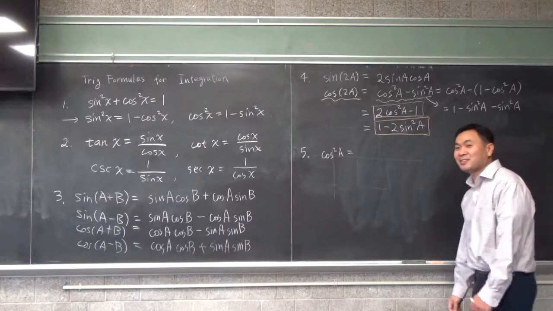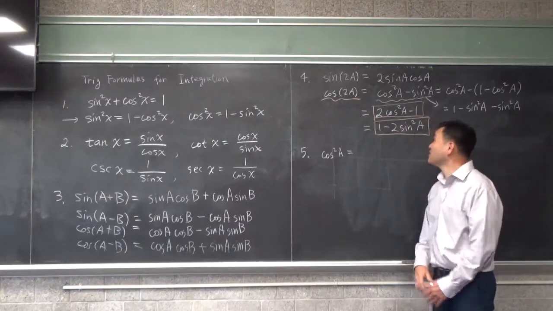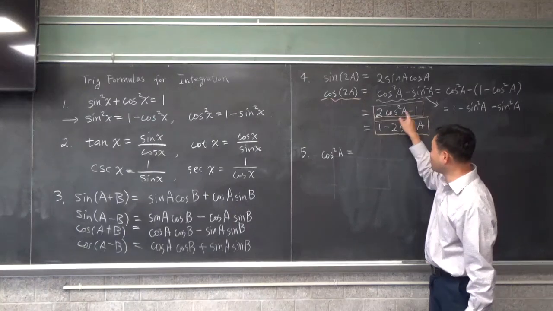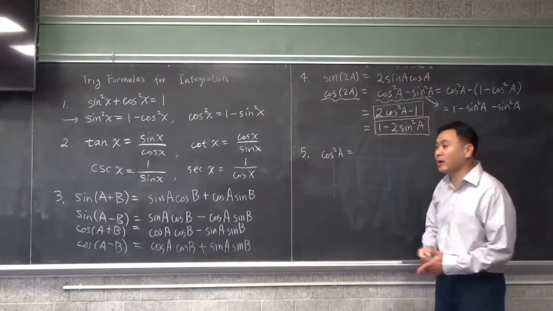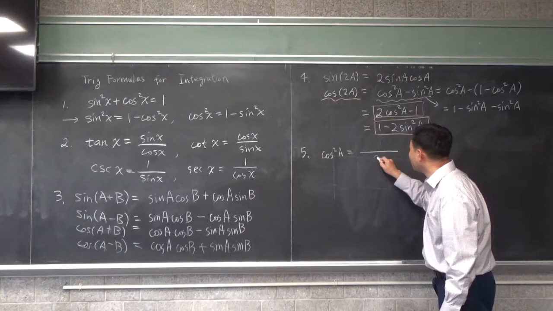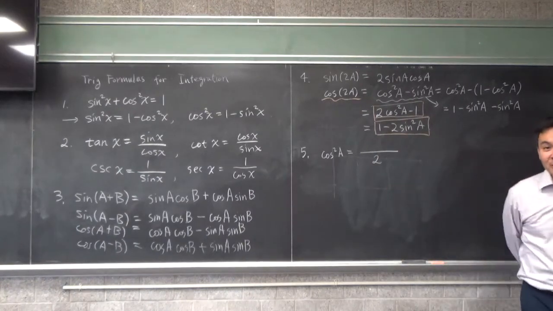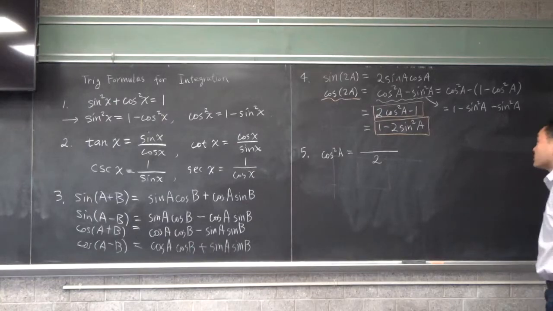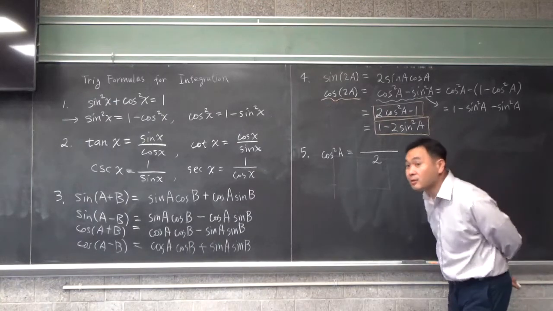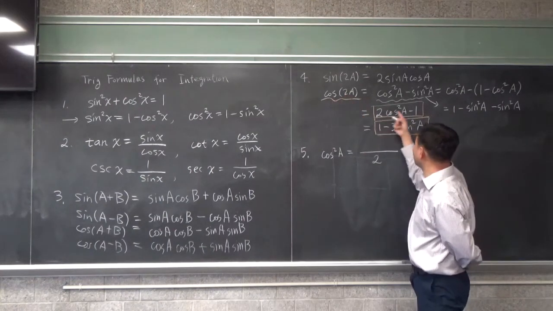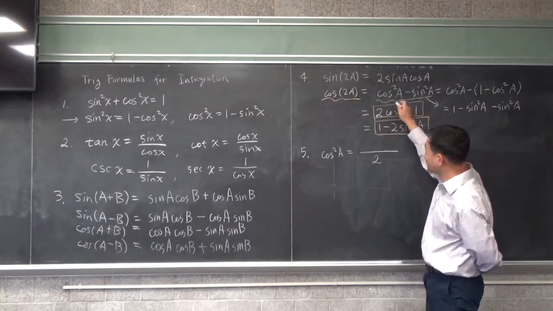Can you try it? It's not that hard. This is equal to this, I want you to do the mental math to solve for cosine squared of a. The hint is that you're going to have a 2 in the denominator. What goes in here? What's the numerator? Just 1? No, there's this one. This is equal to this, and you're solving for cosine squared.